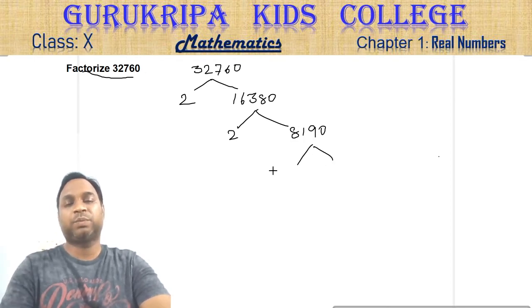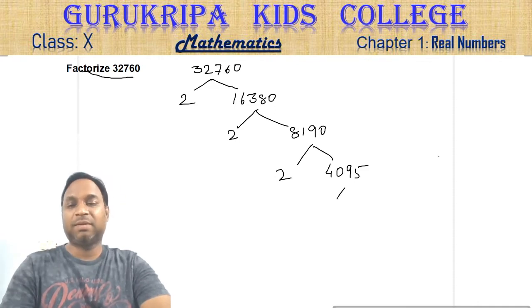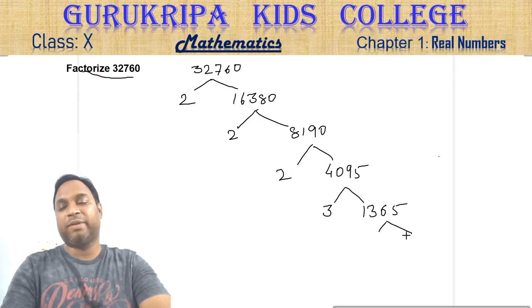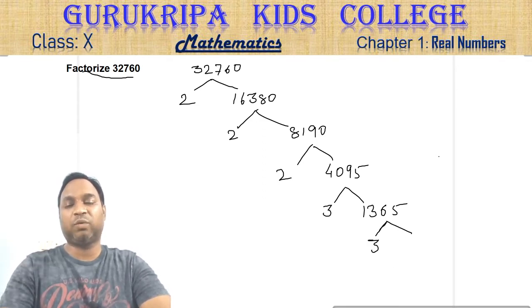Again, divide it by 2. What do you get? 4095. Now, can you divide it by 2? No, it's not possible. Can you divide it by 3? Of course, you can divide it by 3. What will you get here? 1365. Can you divide it by 3 now? Of course, you can divide it by 3. What will you get now?